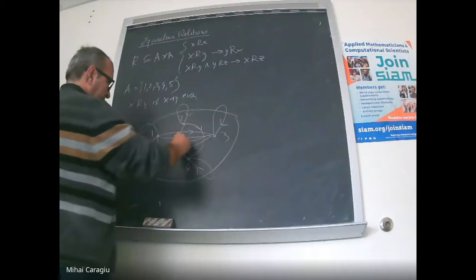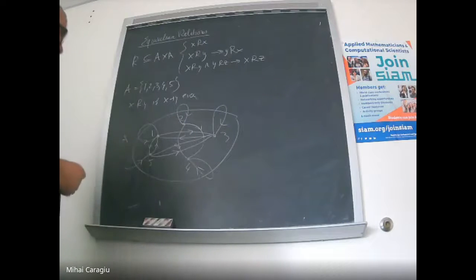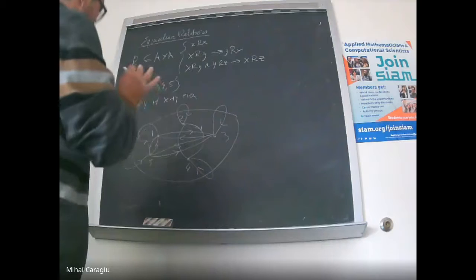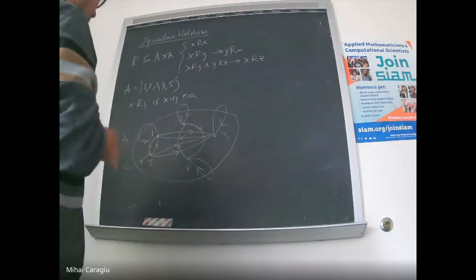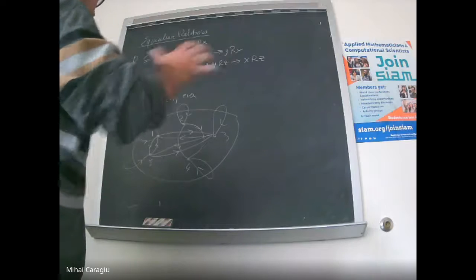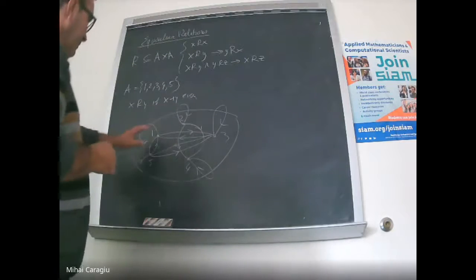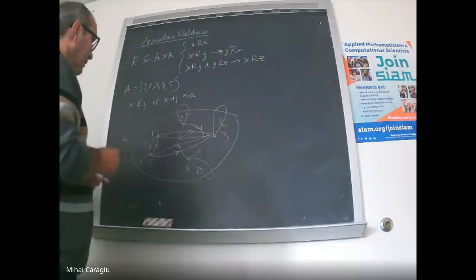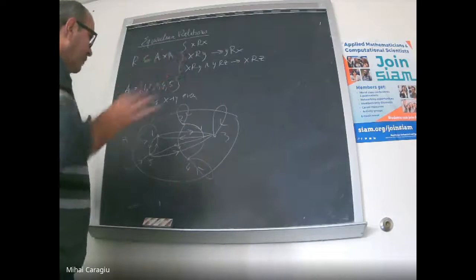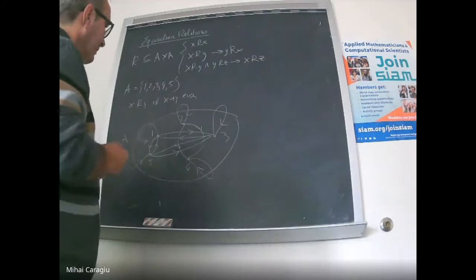So what do we notice here? We notice an interesting thing. This set A splits into two subsets. One subset is clearly visible: within the set {1, 3, 5}, we have a total relation. Everything is related to everything.